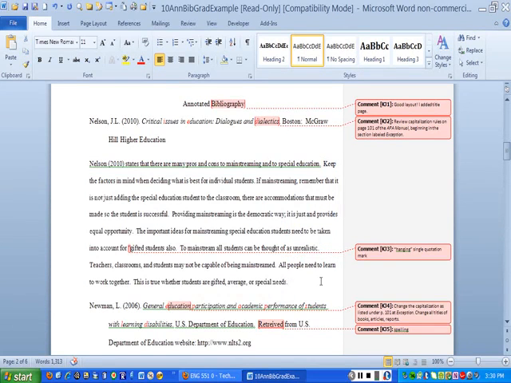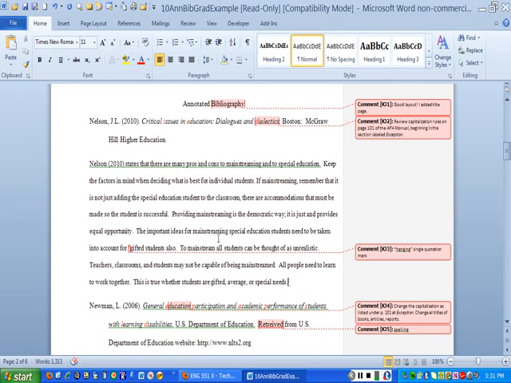I won't highlight those. Keep the factors in mind when deciding what is best for individual students. If mainstreaming, remember that it is not just adding the special education student to the classroom. There are accommodations that must be made so the student is successful. Providing mainstreaming is a democratic way. It is just and provides equal opportunity.